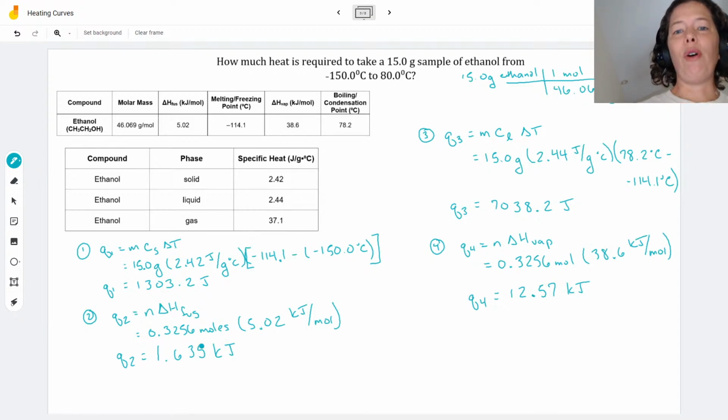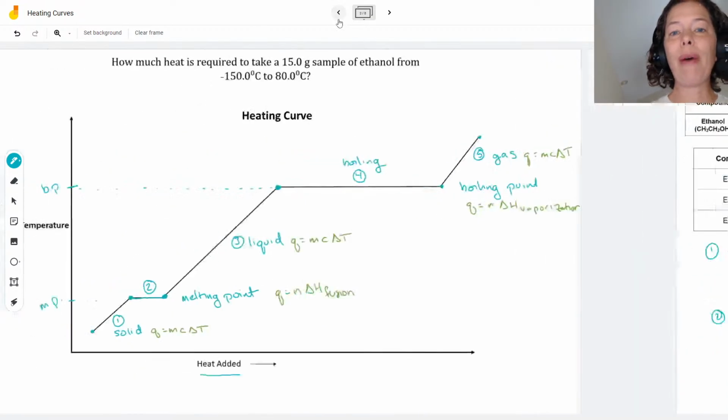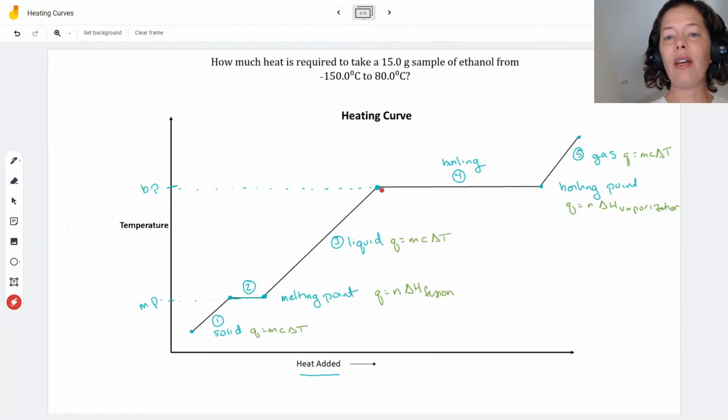Okay, we're not there yet because our boiling point occurred at 78.2, but our problem wants us to go to 80. So we need to go just a little bit past the boiling point. If we go back and take a look at our heating curve, so here's where we have vaporized our sample. So we're just doing a little bit here to get it up to 80 degrees Celsius.